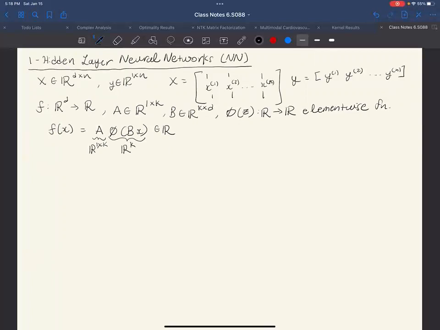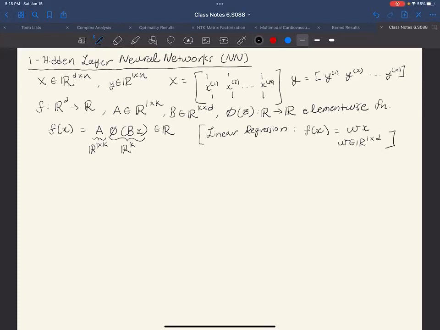So how do we train this thing, if we're given a parameterized model like this? Before, for linear regression, so let's just compare, instead of having multiple parameters and a nonlinear function in the middle, we were just taking f of x equals w times x, where w was in R^(1 by d).